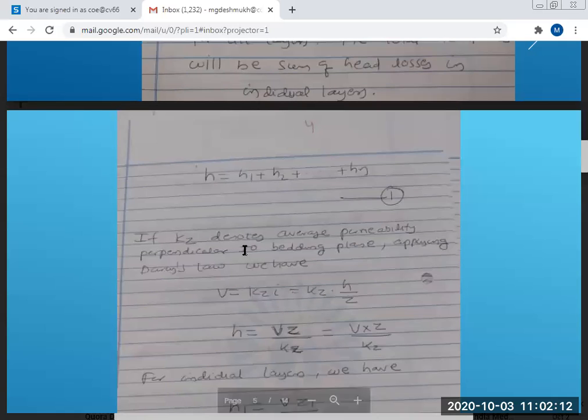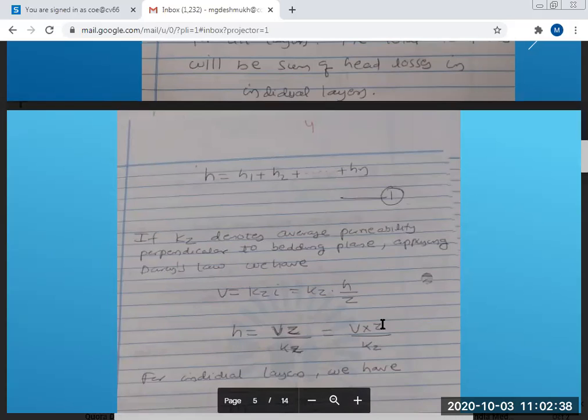So for total bed, you can write V is equal to Kz into I, where I is nothing but H by Z, or H is equal to V into Z by Kz. Remember, in the denominator z is a suffix, whereas here it is multiplication. So H is given by the formula V into Z by Kz.